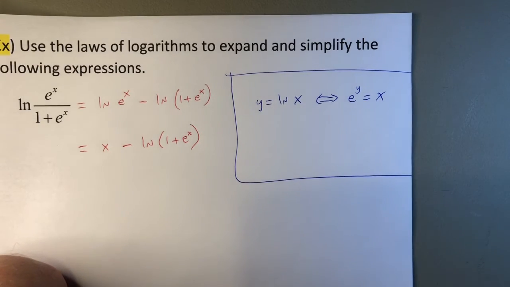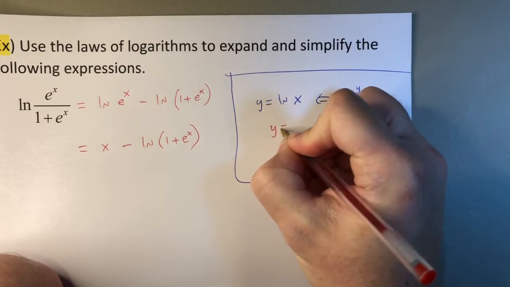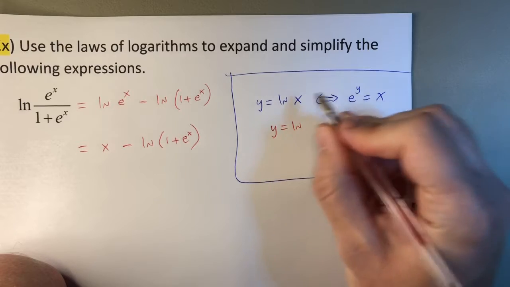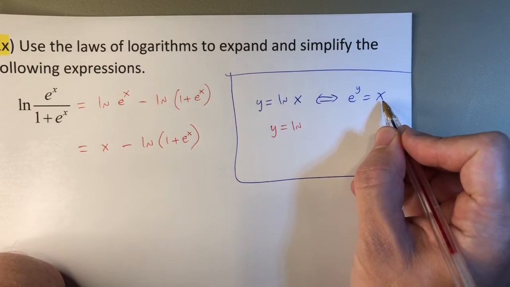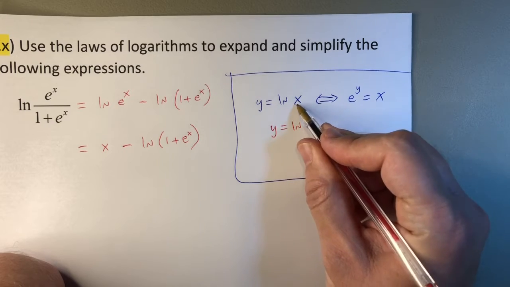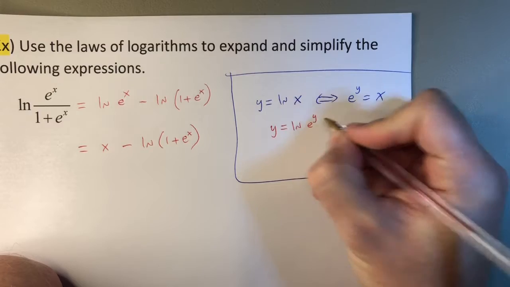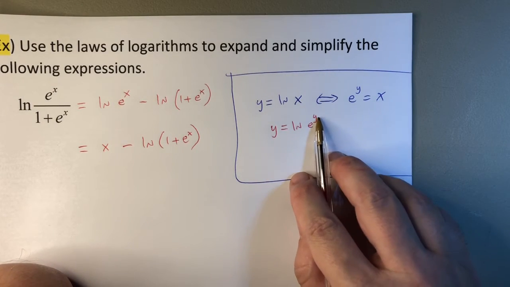So if we do that, we get what? We get y equals the natural logarithm of x, which again, these are happening simultaneously. This is an if and only if statement. So I'm now going to use substitution and replace this x with what x is equal to, which is e to the y. So notice y equals the natural logarithm of e to the y.